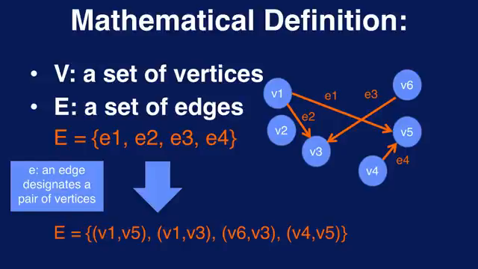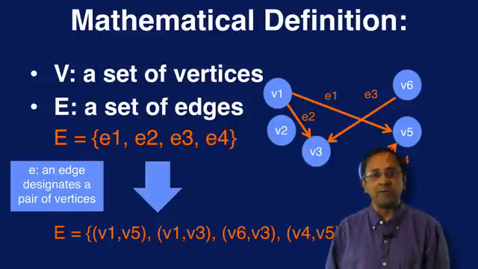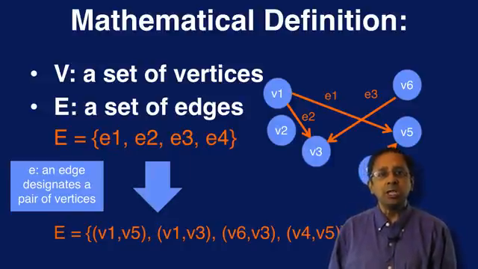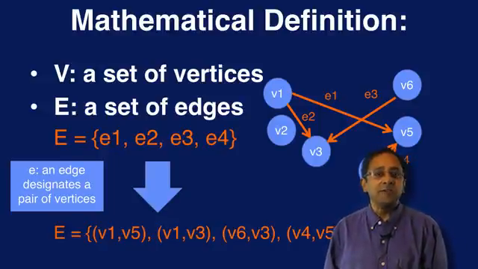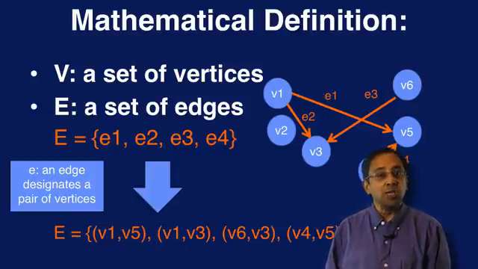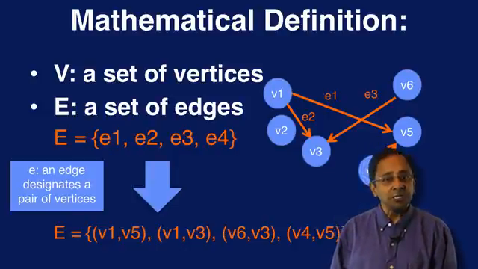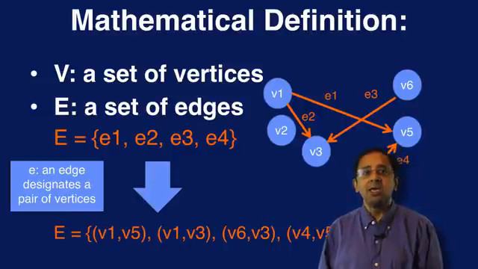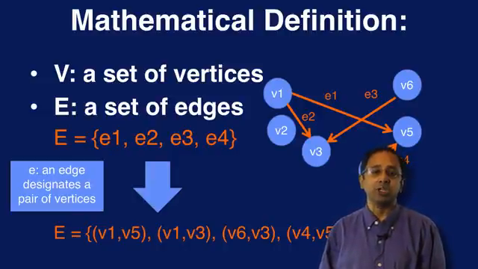An edge like E1 actually is one term from V and then a second term from V. So this edge E1 goes from V1 to V5. Pictorially, we can draw an arrow from V1 to V5. Now, if I had said V5 to V1, the arrow would be reversed. So what do we have so far? We have a set of vertices and a set of edges. That is the mathematical definition of a graph.